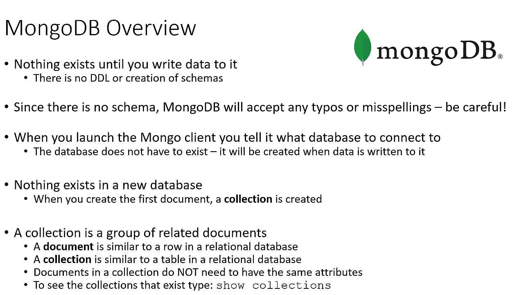So if we wanted to put this into relational database terms, we might think of a document as being similar to a row in a relational database, and a collection being similar to a table. Now, documents in a collection do not need to have the same attributes. Every document can look different than every other document. And if we want to see all the collections that exist in a database, we just type show collections.